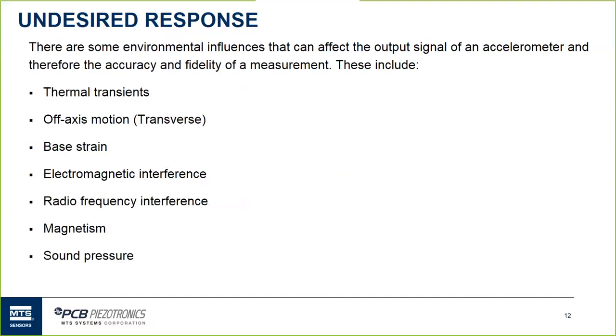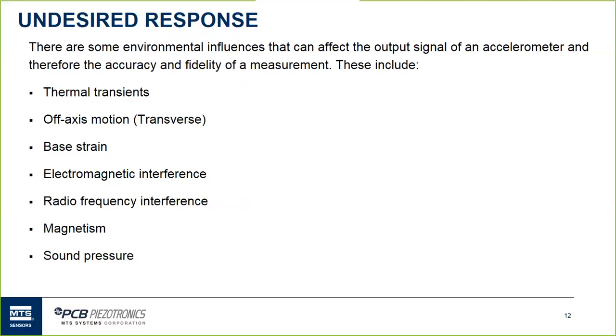The other influences could be electromagnetic interference from AC fields. The sensors are relatively insensitive to DC fields, but when the AC fields are present from large electric motors, or as in a maglev or railgun type applications, you'll see that there is influence in those sensors, and special construction techniques have to be applied to mitigate the majority of that.